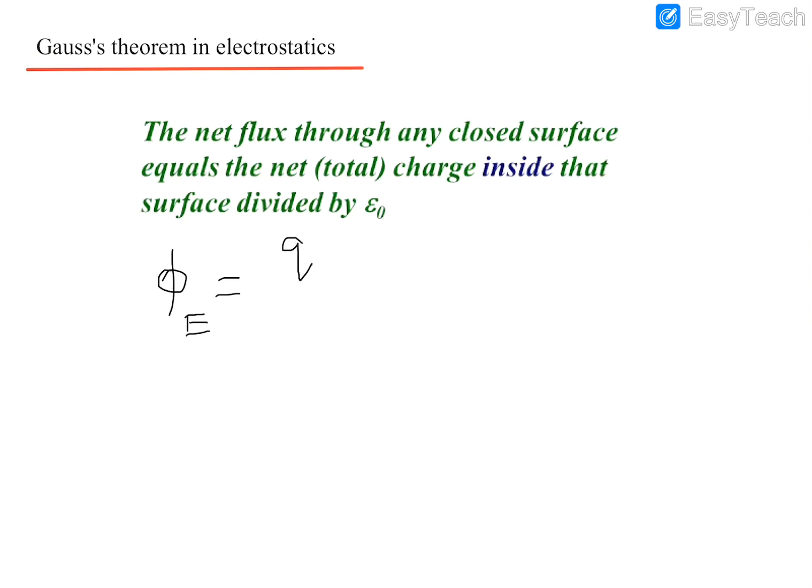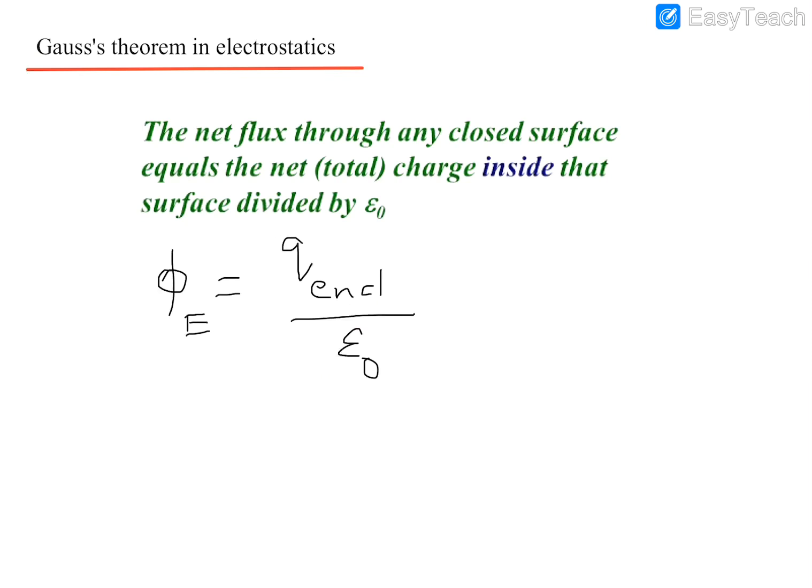So it is enclosed charge, so I am using Q ENCL, meaning enclosed charge, divided by epsilon 0. This is the statement. Phi E, net flux, is equal to net charge inside that surface divided by epsilon 0.